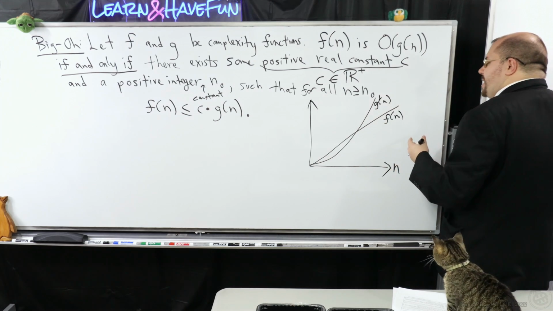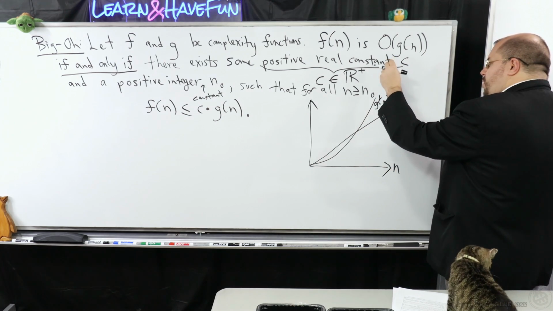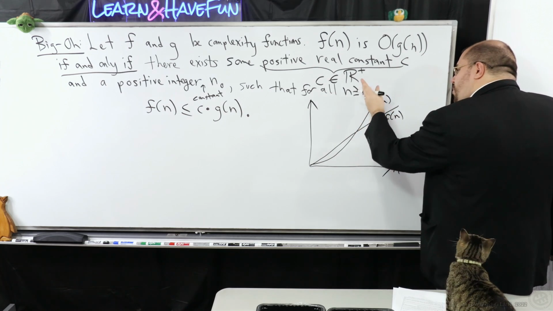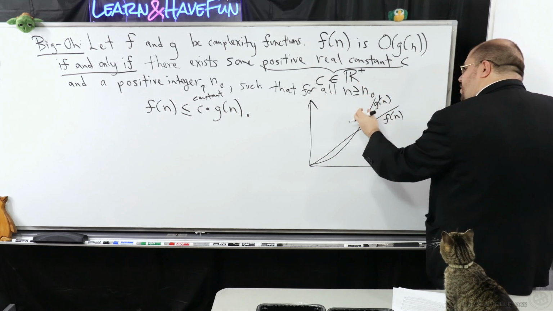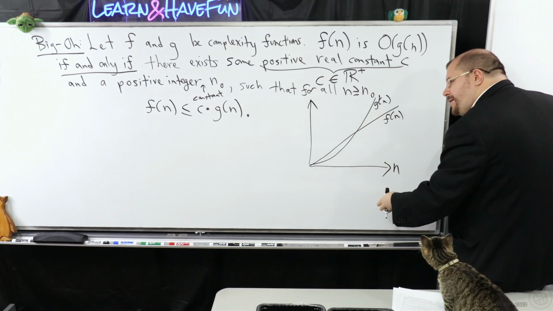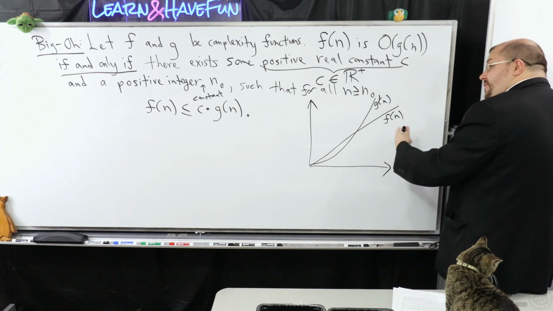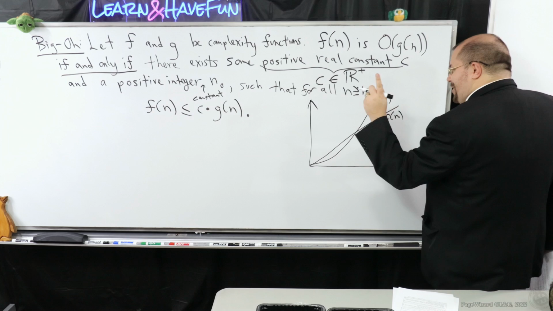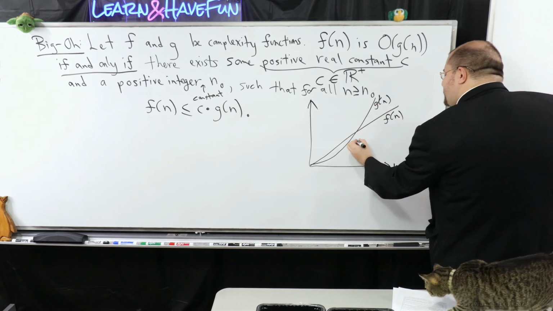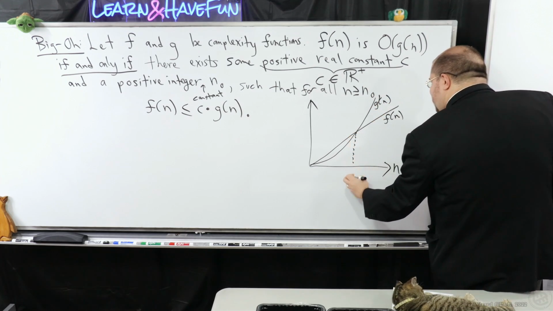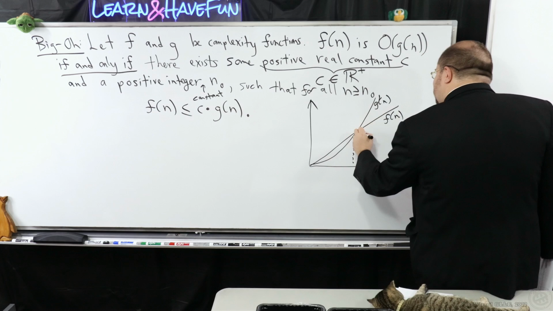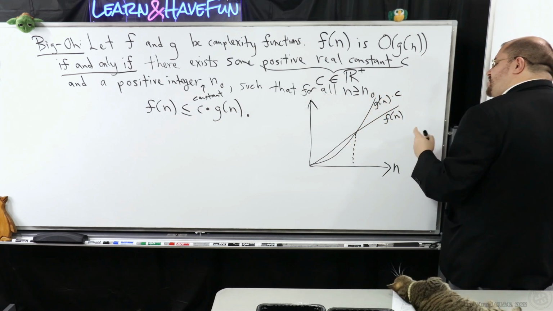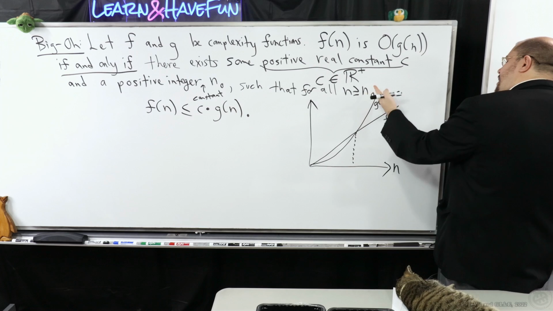So the point is that there's going to be some constant multiple of g such that there's going to be a point eventually, n0. Keep in mind, n0 could be that point where they cross each other. Keep in mind, a function may cross multiple times. But the point I'm getting at is that there's going to be some point where g times some constant multiple is going to be dominating f.